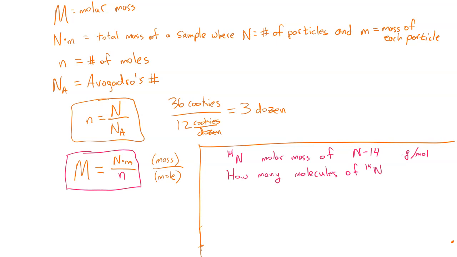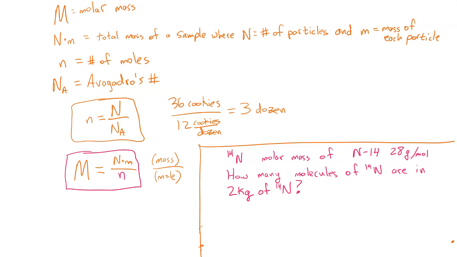Oh, yeah, hold on. Nitrogen 14 is one of those diatomic gases when it's a gas. So it's actually 28 grams per mole because a molecule of nitrogen has 2 atoms of nitrogen. So let's fix that. How many molecules of nitrogen 14 are in 2 kilograms of a sample of nitrogen 14?